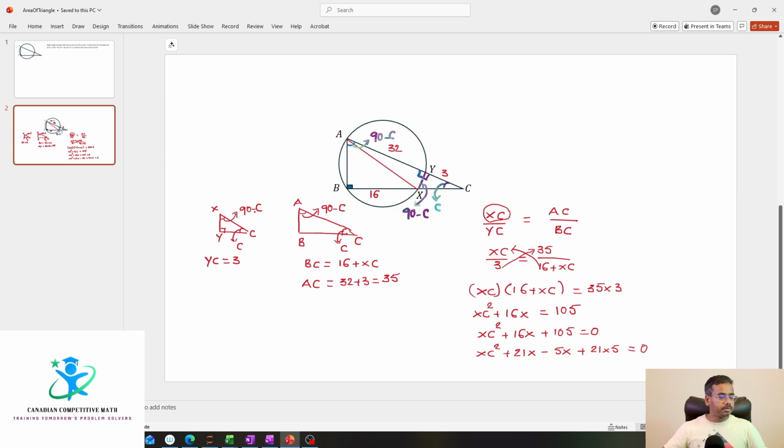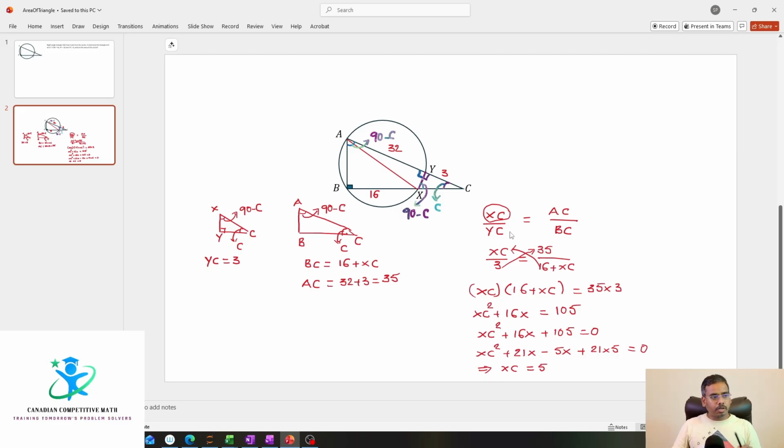This gives XC equal to 5. I'm not solving this entire quadratic equation here because that's not the focus of this. So now we solved what XC is. We solved the crucial part of the problem.